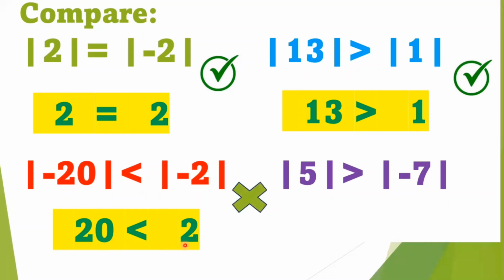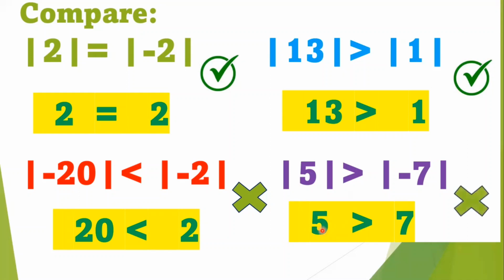Then here, we have the absolute value of 5 is greater than the absolute value of negative 7. Mas malaki raw yung 5 kaysa 7, negative 7, ang absolute value nila. Let us check. Okay. So, since tinatransform natin siya into natural, so this is wrong. Kasi mas malaki pa rin yung 7 sa 5.